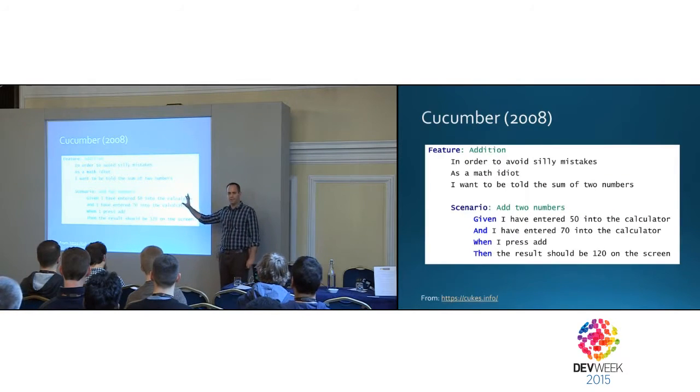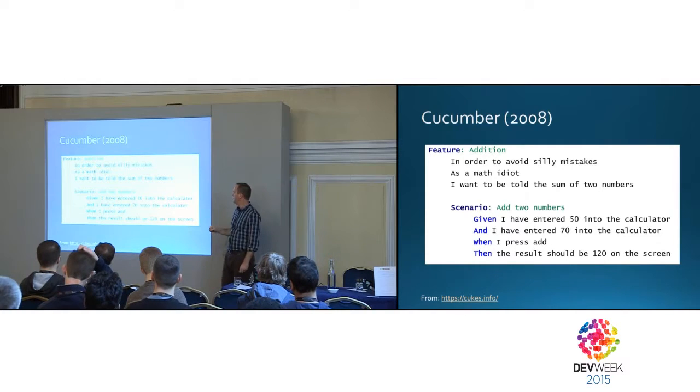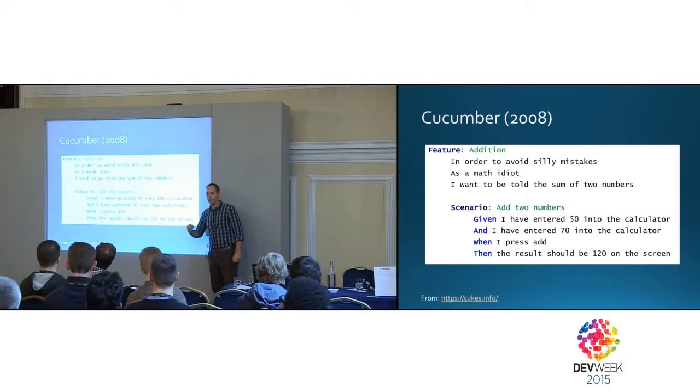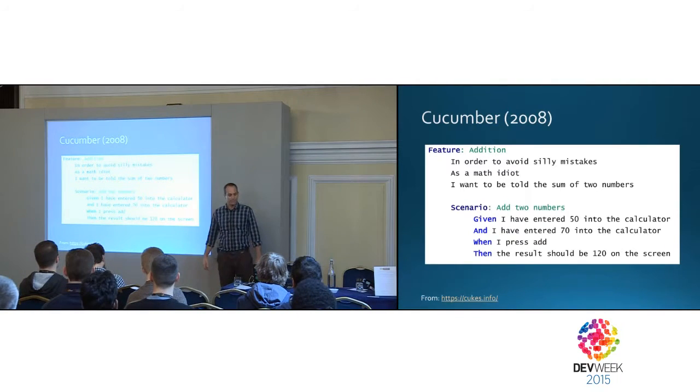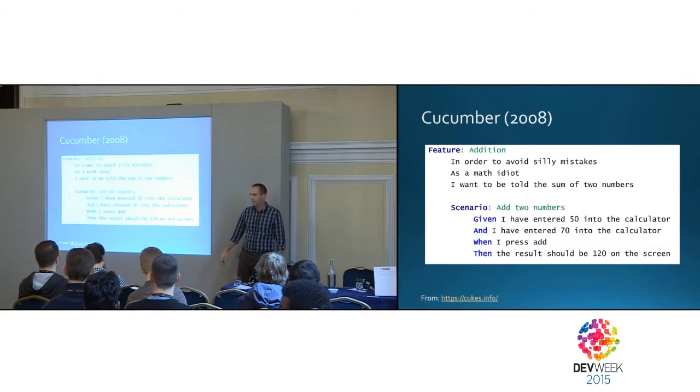And the scenario over here is the actual code. This is from Cucumber's site, the tutorial they're explaining. In order to avoid silly mistakes, as a math idiot, I want to be able to add two numbers. And then I go and actually write a bunch of text that will convert into code. This is one way of doing BDD.